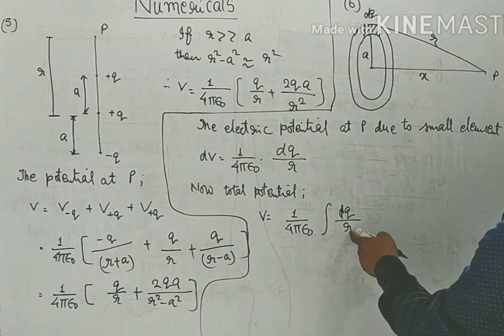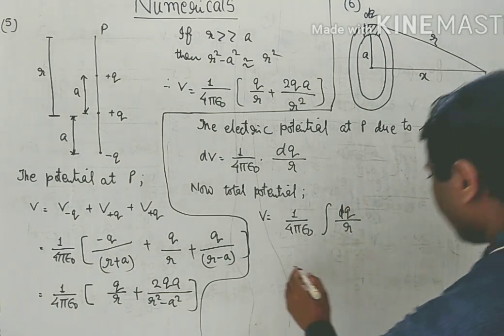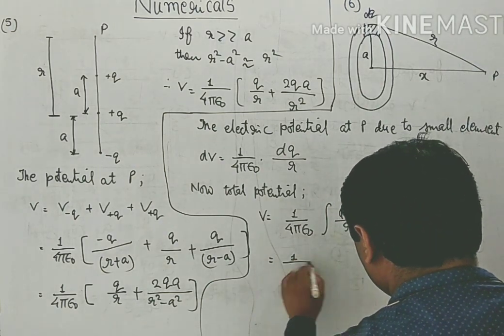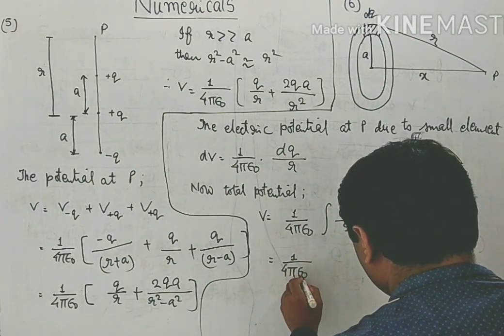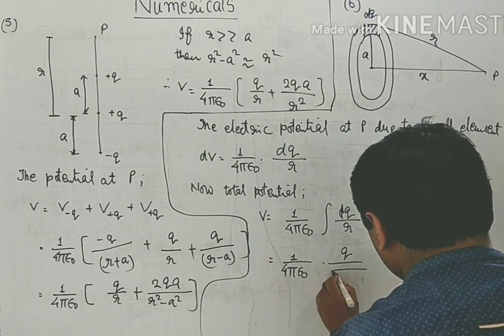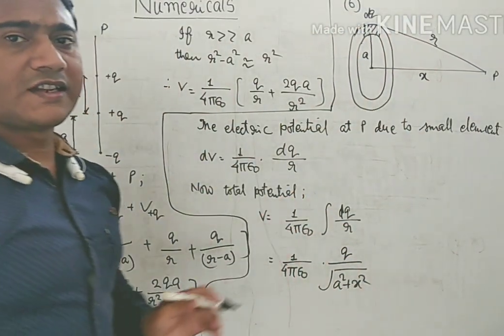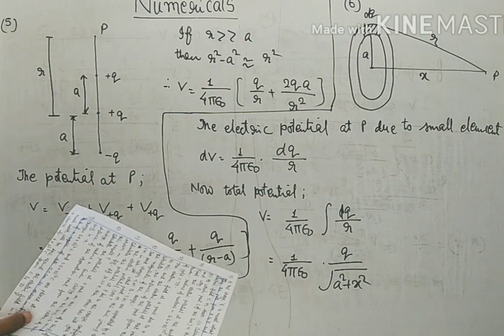And this r would be simply under root a square plus x square. So just proceed now: 1 upon 4 pi epsilon naught into q upon under root a square plus x square. So this is actually the final solution.